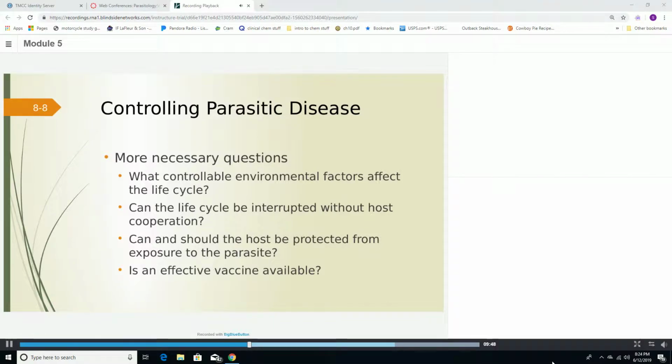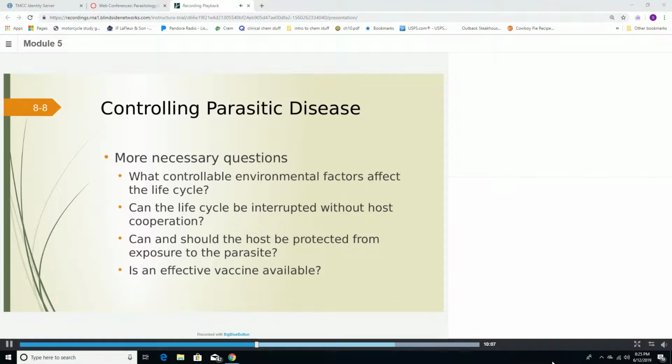So, the life cycle of a parasite: if the parasite can't move on to a definitive host where it's going to mature into the reproductive stage where they're going to produce more parasites, is that parasitic infection going to continue?